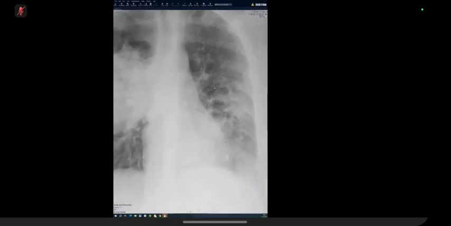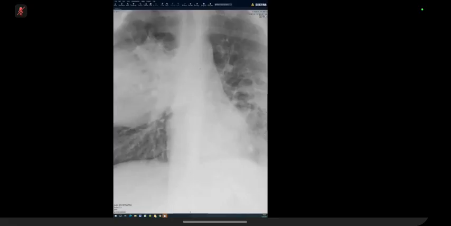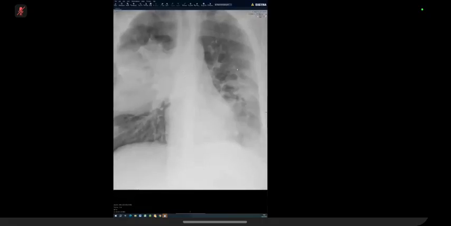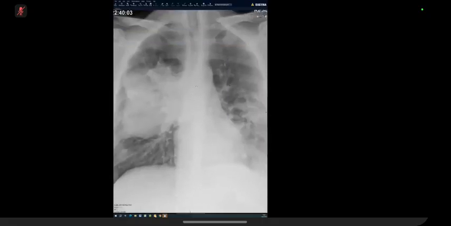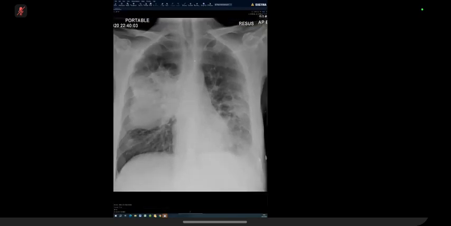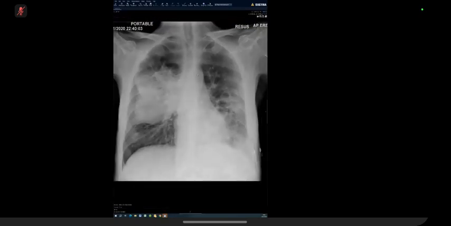Do you see anything behind the heart? The window is a bit soft for me, but I can detect maybe multiple opacities in the retrocardiac shadow on the left side. I just need to modify the window, but I can see multiple nodules. I think so. Multiple nodules in the left cardiac shadow, retrocardiac region.